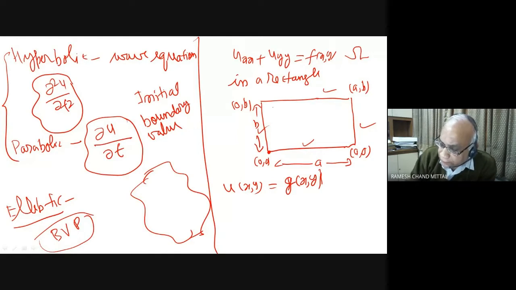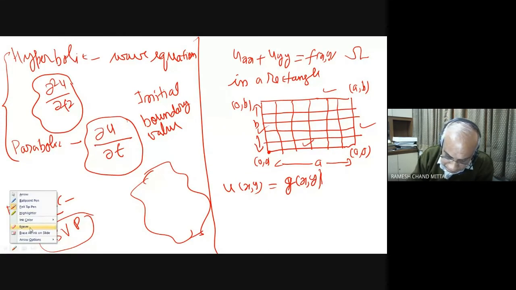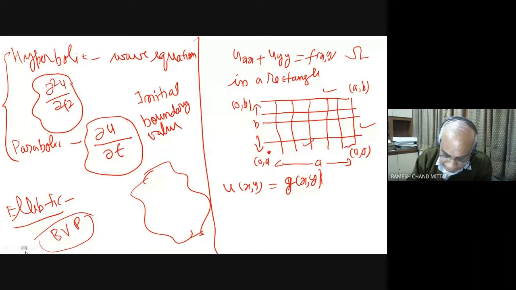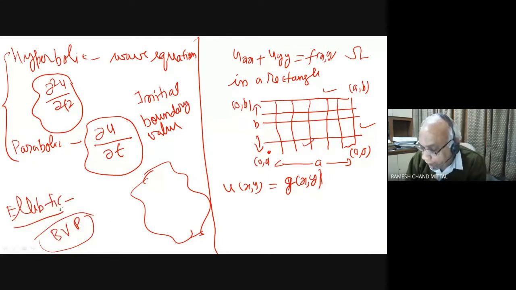Then I will first discretize my domain into a uniform kind of mesh, taking different step lengths in the beginning along x as well as in y direction. So for the sake of example, I have my step length h1 along x direction and h2 along y direction.